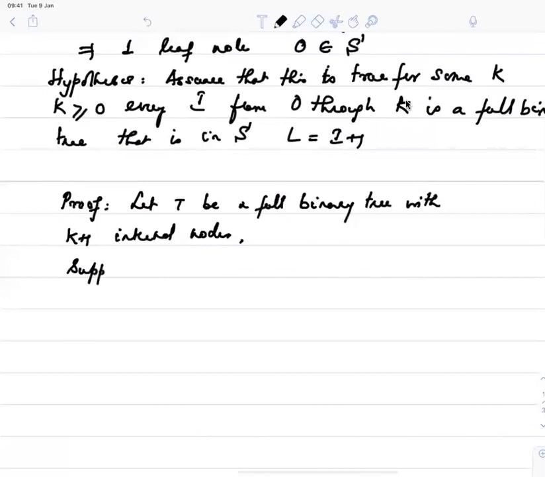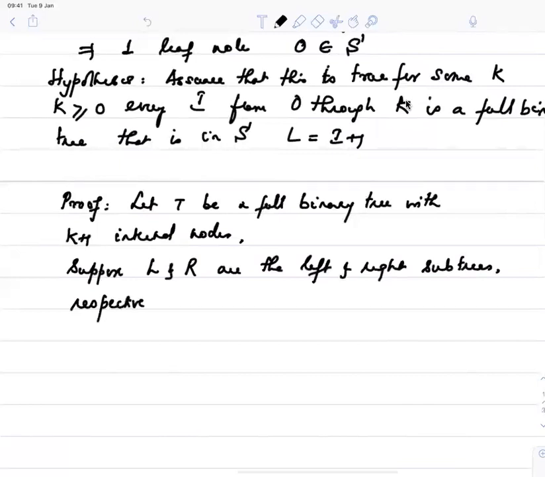Suppose L and R are the left and right subtrees respectively. Let IL and IR be the internal nodes in L and R.